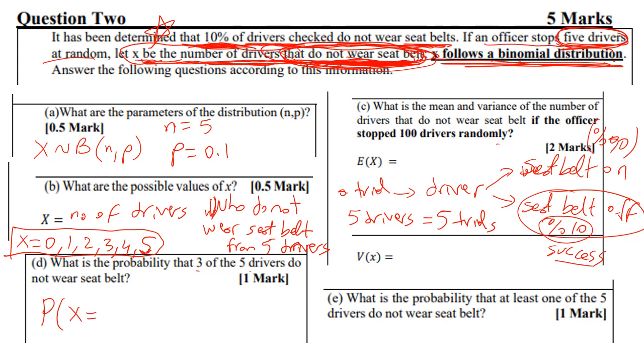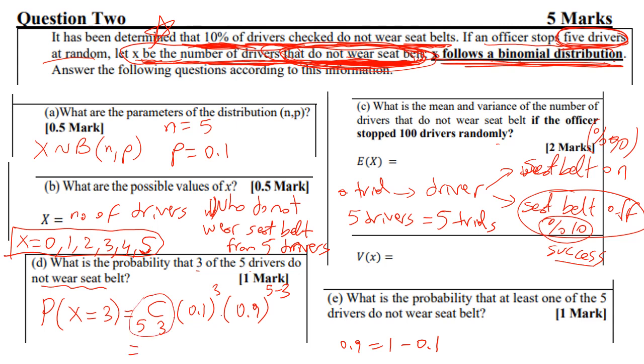The probability that X equals 3 is 5 choose 3, and then the success, not wearing a seat belt, 3 of them, 0.1 to the third power, times 0.9, which is the complement, 1 minus 0.1, to the 5 minus 3 power. If you use a calculator, you get 10 times 0.1 cubed times 0.9 squared.